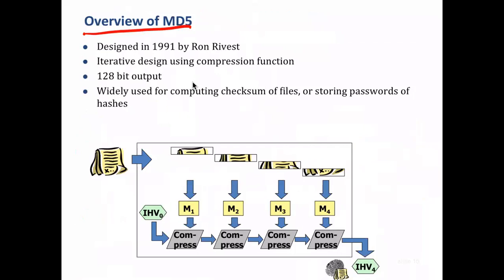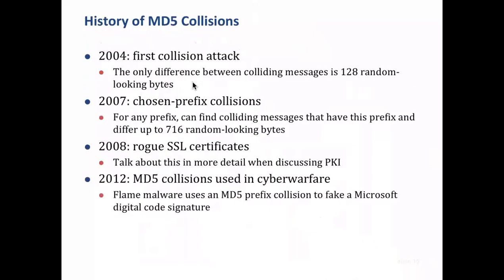We have an initial value and then take part of the message, compress it, take the output, take the second part of the original message, M2, and compress it, take this output, and again take input from the third part of the message, compress it, and use the input coming from the earlier compression. Finally at the end you get the compressed one.